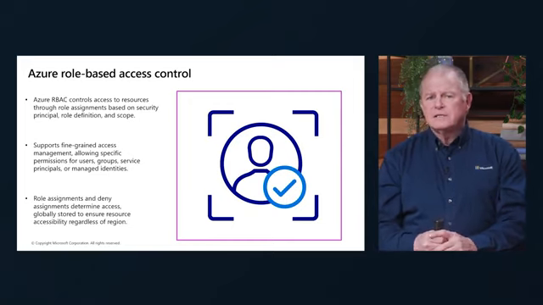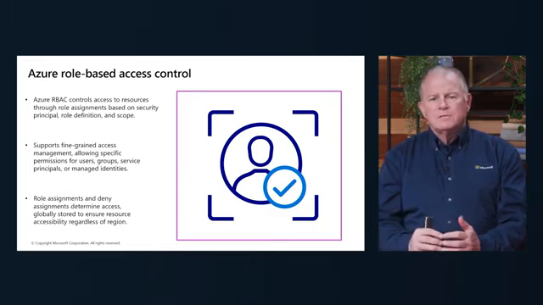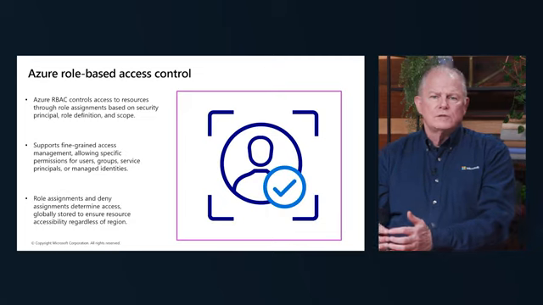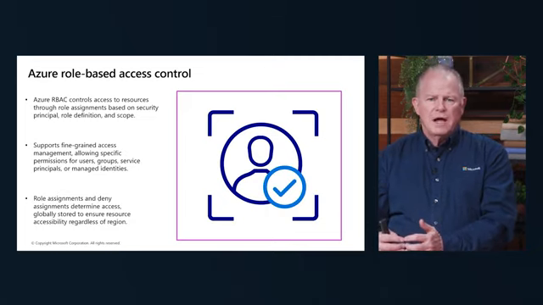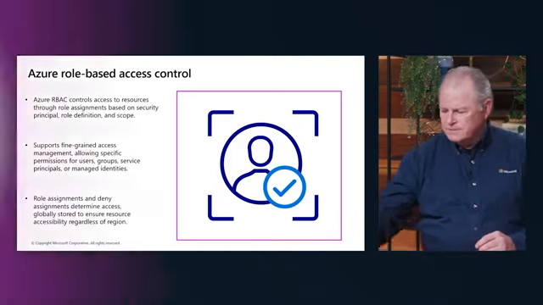RBAC, or the role-based access control that we've mentioned, I'm just going to do a whiteboard for just a second to explain this to you. That becomes the way to assign identities to a thing called a role, and the role to a scope, to get the resource access control that you're working with. So let me just go do this as a whiteboard exercise.